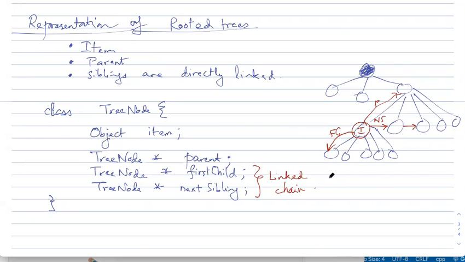Is the representation clear? So parent, first child, and then each of these are carrying the next sibling pointers.